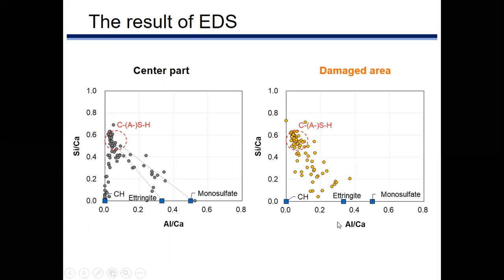On the other hand, on the damaged area, C-S-H was estimated, but portlandite was not estimated. Solubility of portlandite increases linearly with decreasing ambient temperature. So, under low temperature conditions like deep sea, the dissolution of portlandite could be accelerated compared to shallow seas.